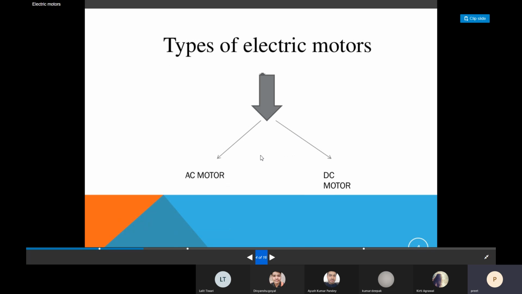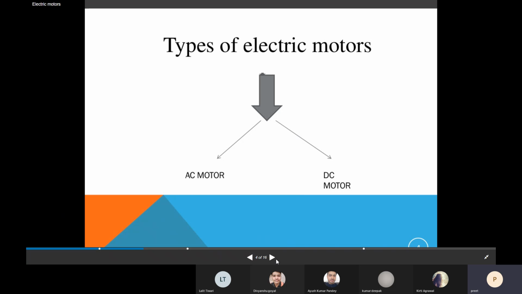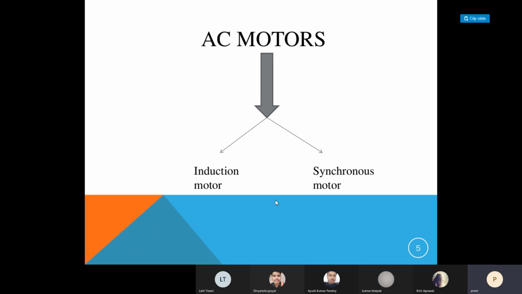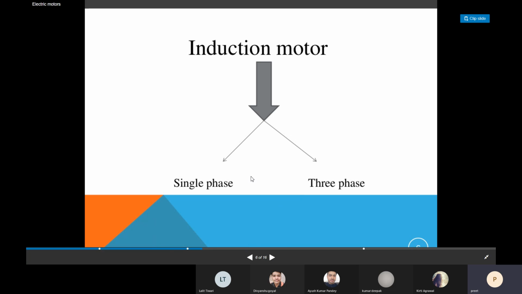The two main types of electrical motors which we are very well aware of are AC motors and DC motors. Let's have a look at the basics of these motors. In AC motors, we have two main kinds which are used very popularly: the induction motor and the synchronous motor.